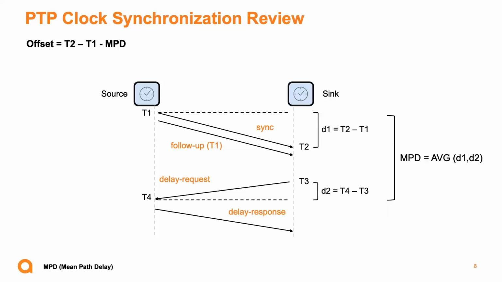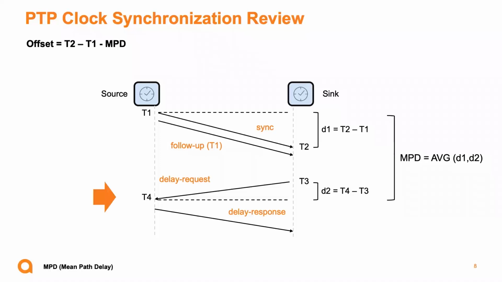So it's basically the sum of D1 plus D2 divided by 2. So that is the generic algorithm, or process, for PTP clock synchronization.